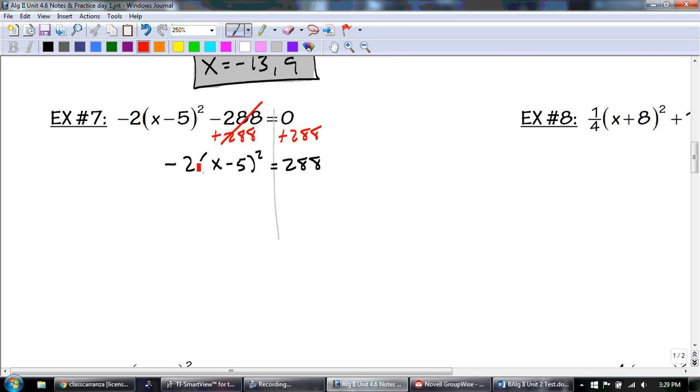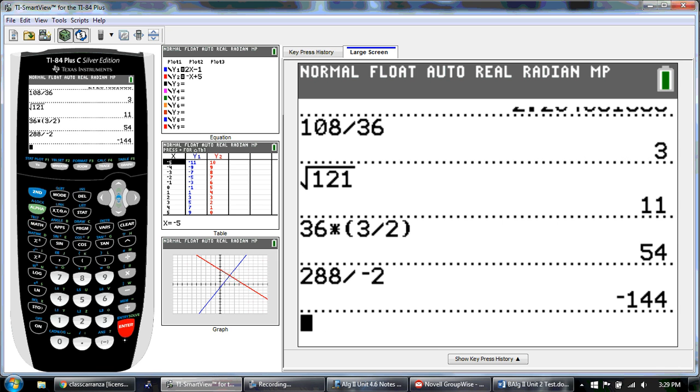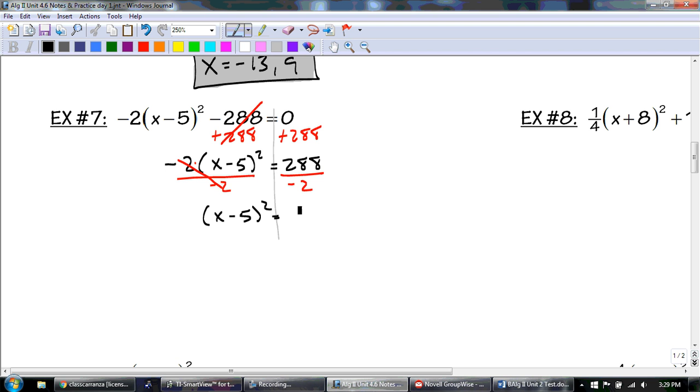I have multiplication right here. To cancel multiplication, I'm going to divide both sides by -2. And I get (x - 5)² equals, I think I know it, but just for the sake of it, we get -144.